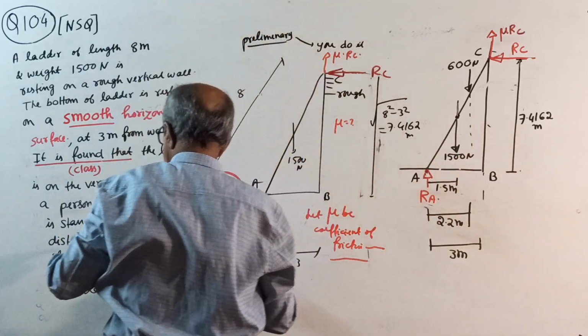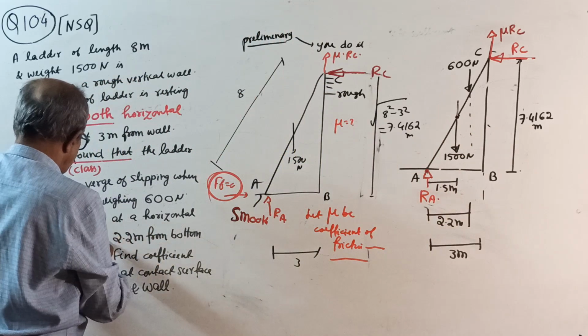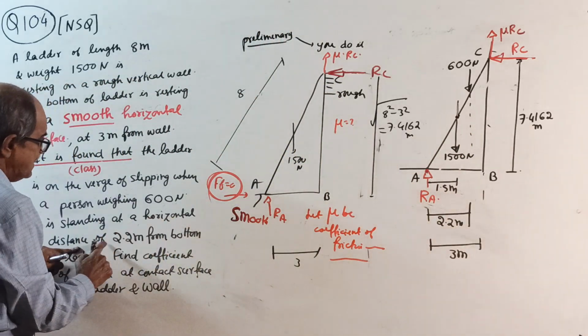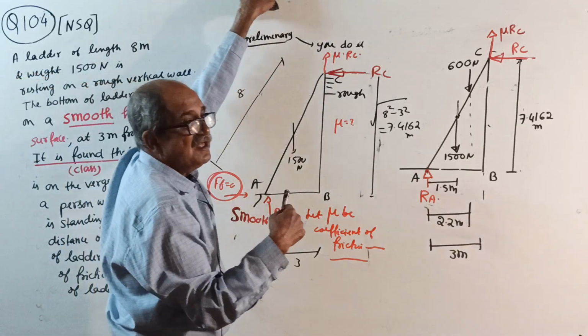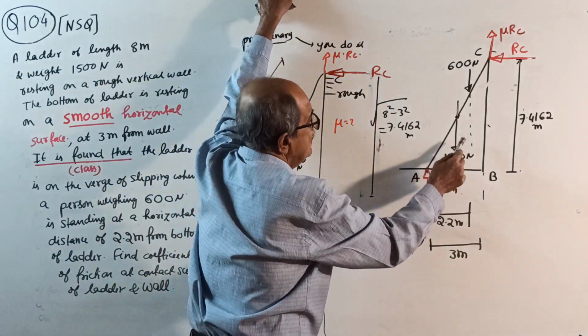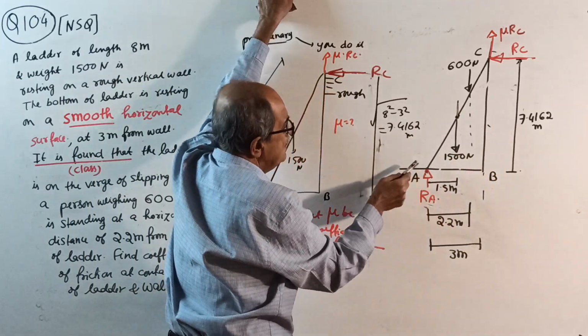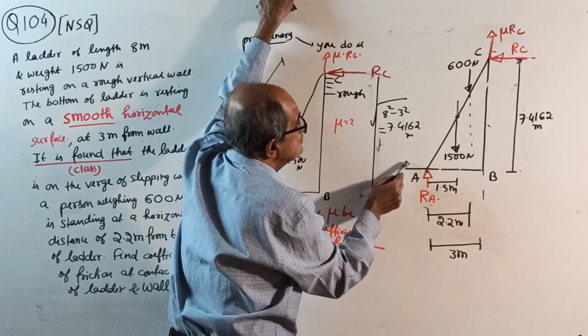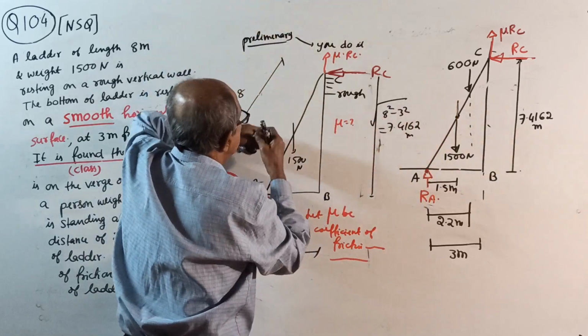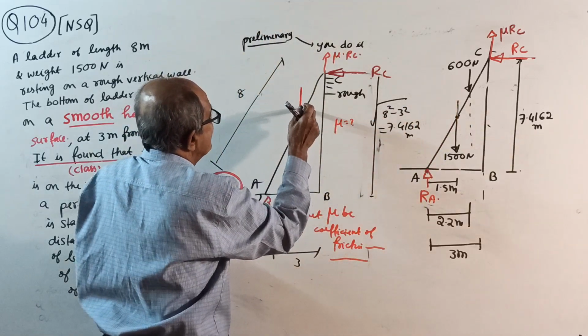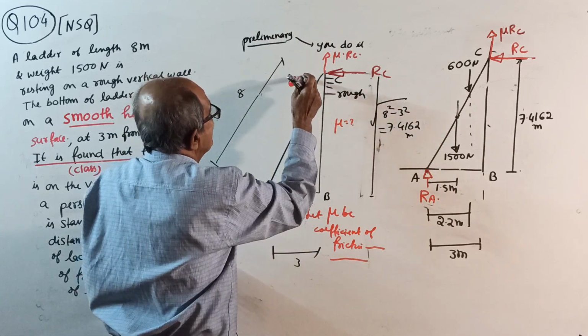And the man is standing at what distance? In earlier questions I told sometimes, he is standing at what height? You require this length. Sometimes they will tell you how much he has gone along the ladder. See, the man is somewhere here. The person's weight is 600 Newton.